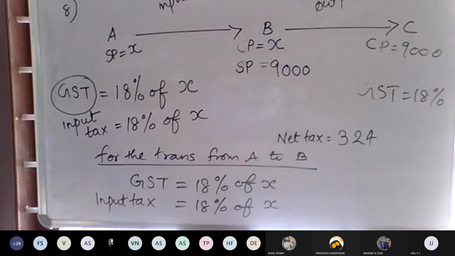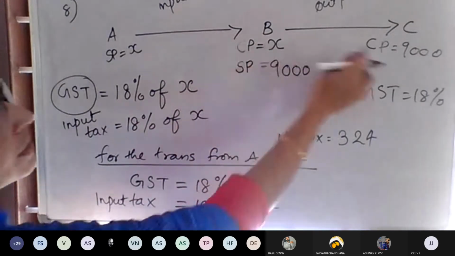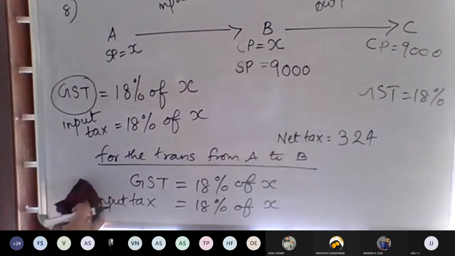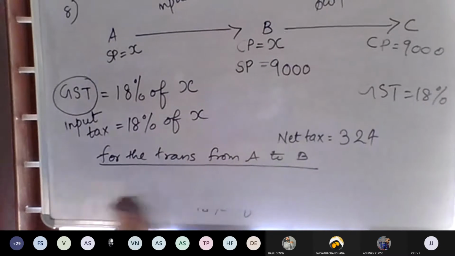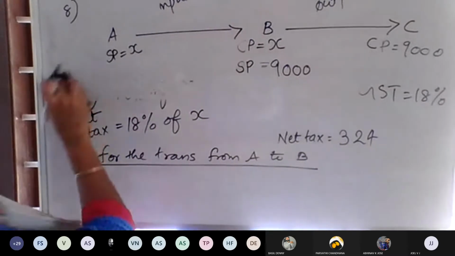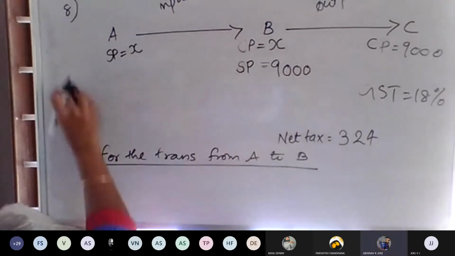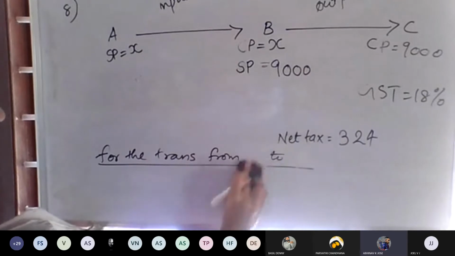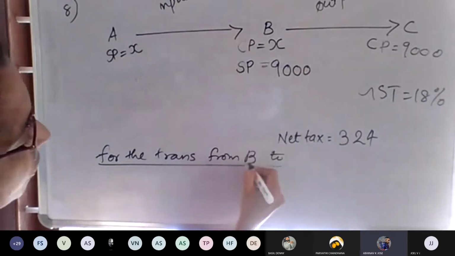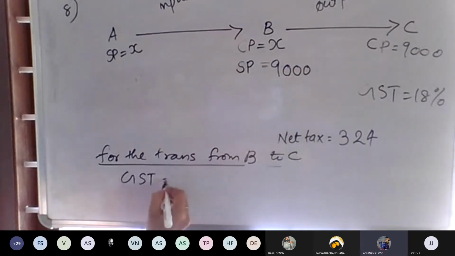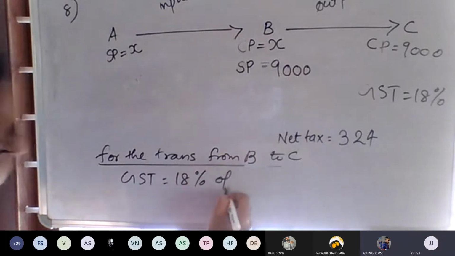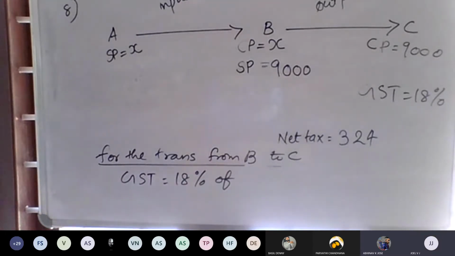Similarly, for the transaction from B to C, we have the selling price and cost price. For the transaction from B to C, GST will be 18% of 9,000.